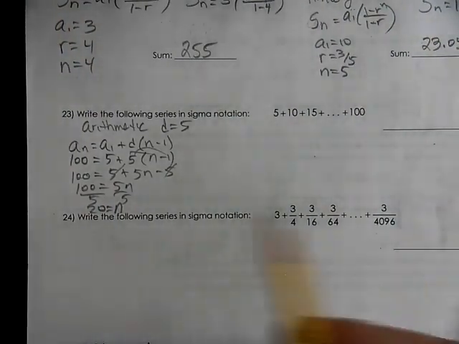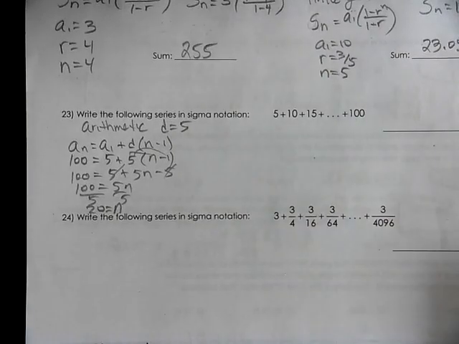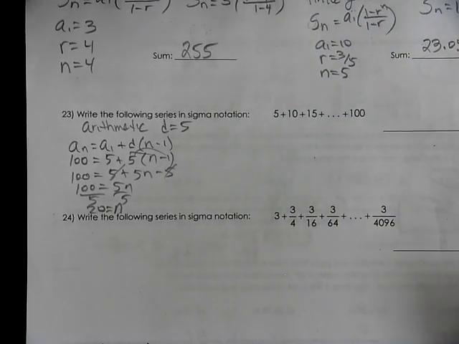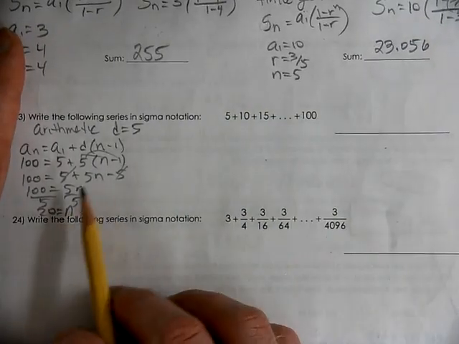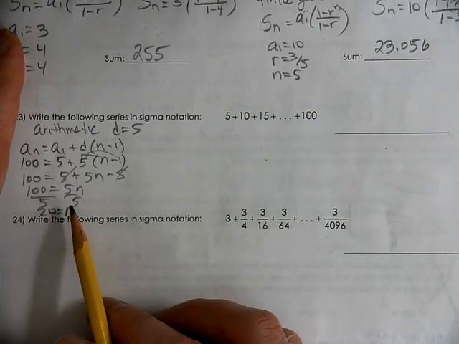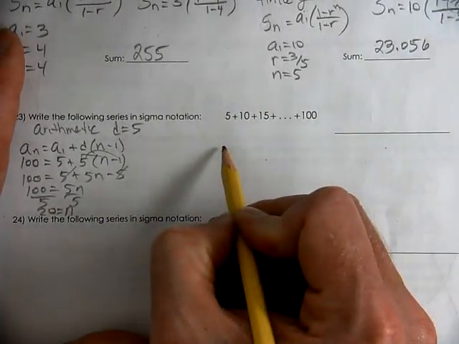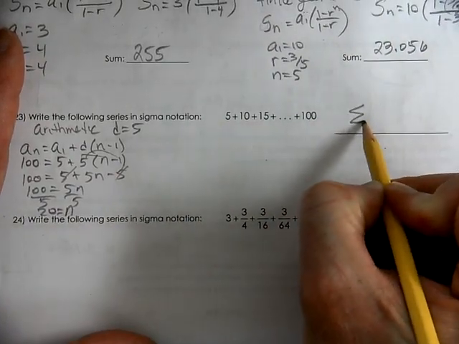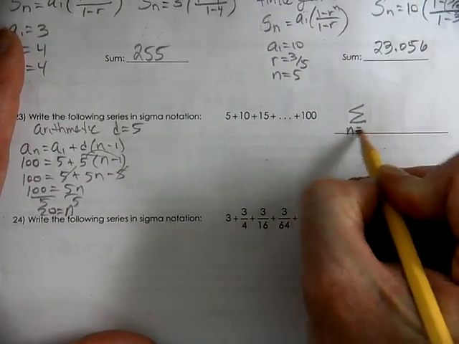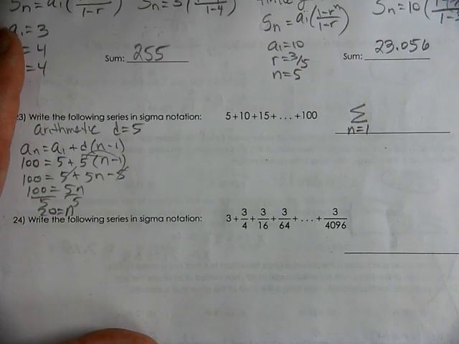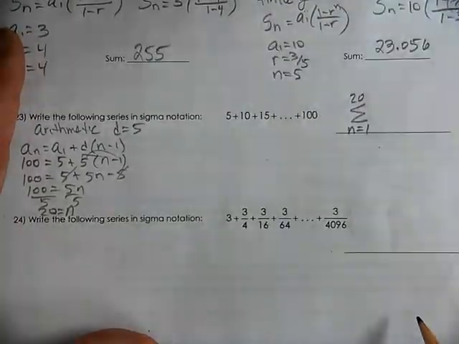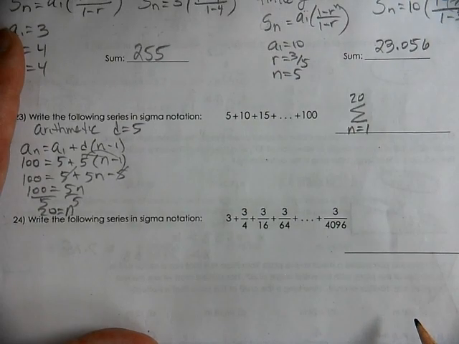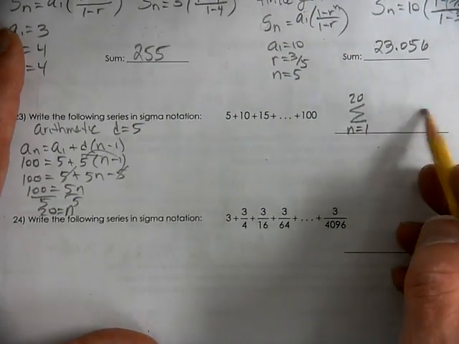So if we're counting by 5s, there'd be 20 terms to get up to 100. Makes sense, 20 times 5 is 100. But we verified that. So our sigma notation, if we start with 1, which I would suggest you always start with, you know that there are 20 terms to get up to 100, and now you need your rule.